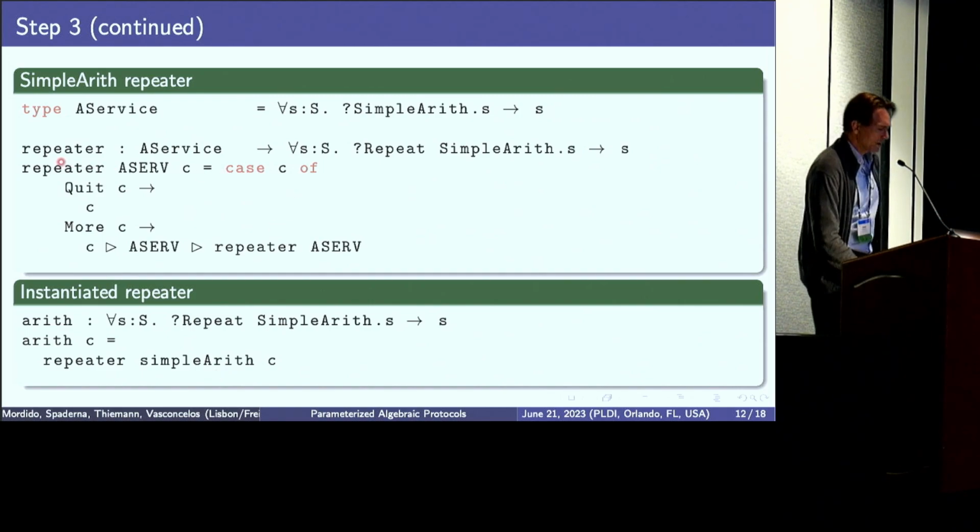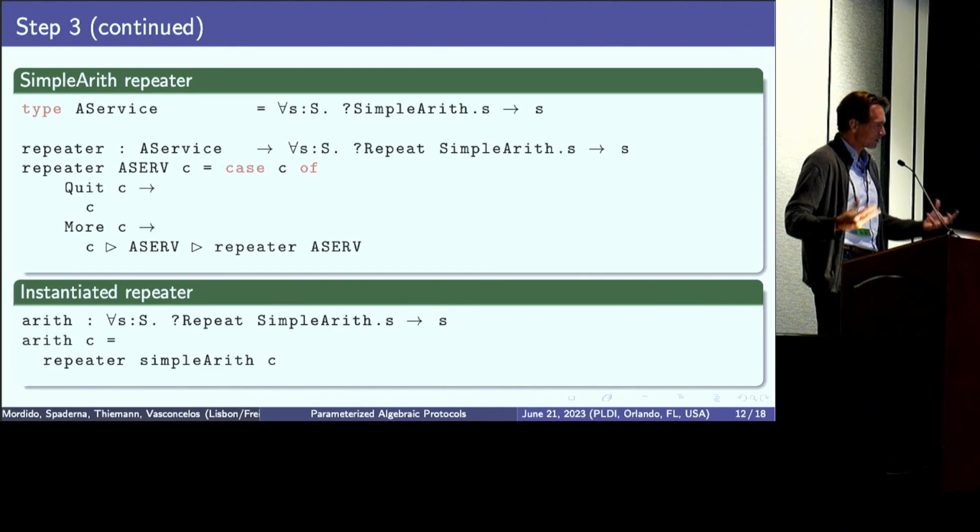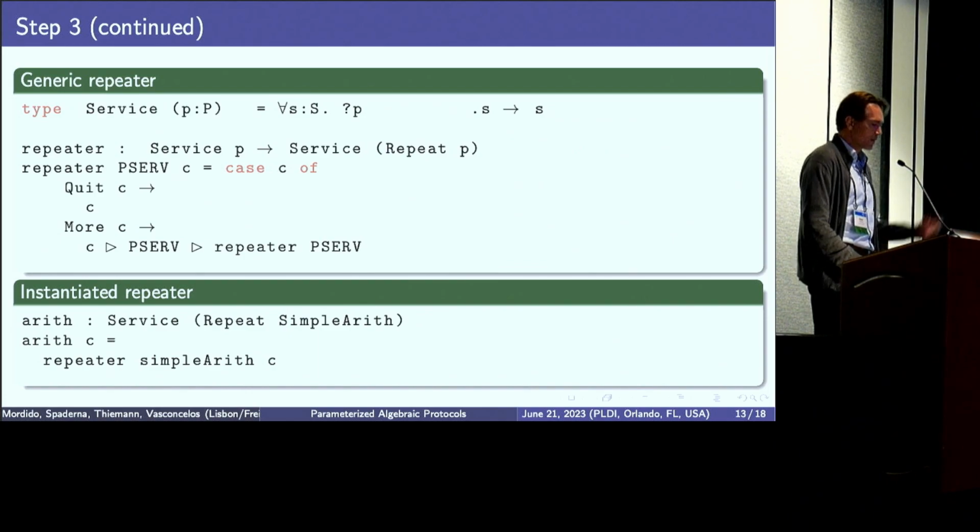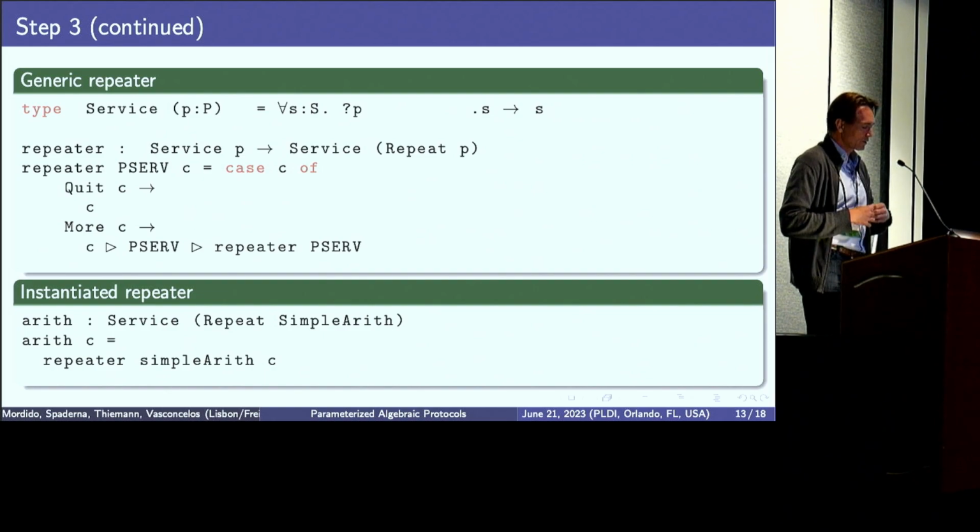Notice now here in the definition of repeater, there is nothing that forces me to use it with only simple arithmetic. And because I can also parameterize over protocols, let's just do that. Go from server for arithmetic, repeater for arithmetic, to repeater of anything. That gives rise to a nice type synonym.